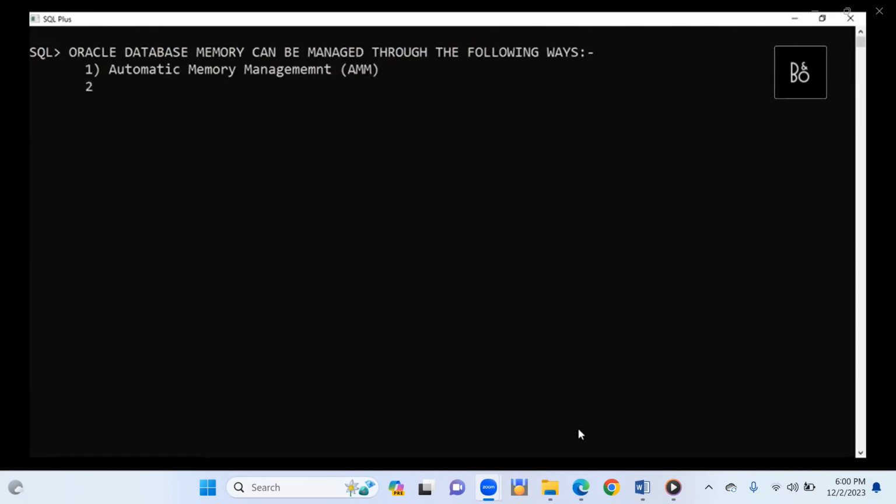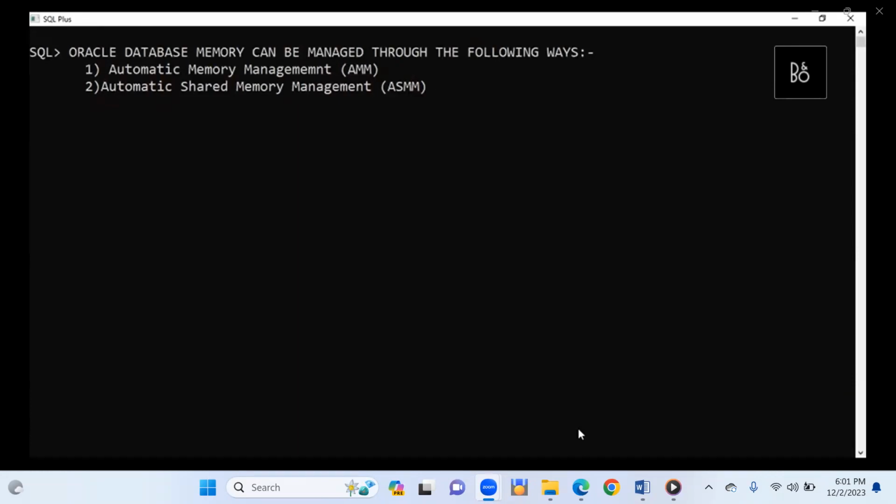Number two, we have automatic shared memory management. This one is ASMM. So here we will talk about AMM and ASMM.